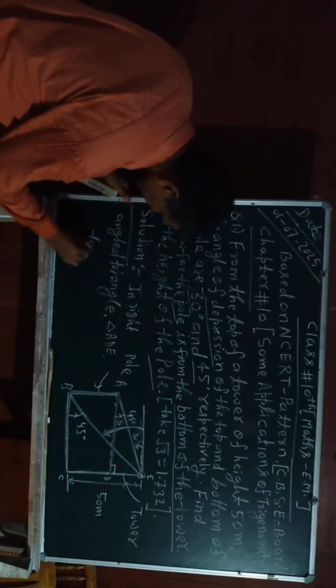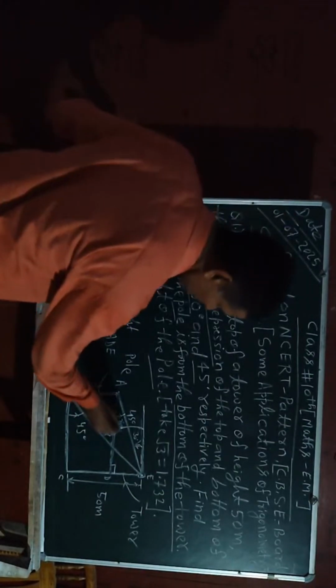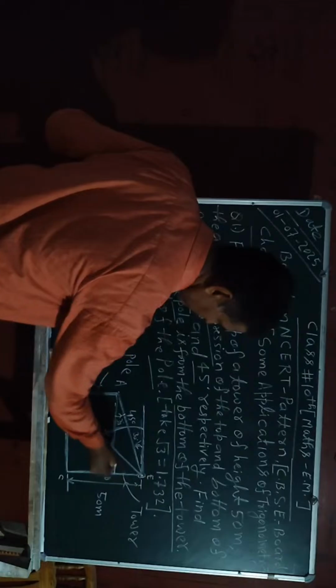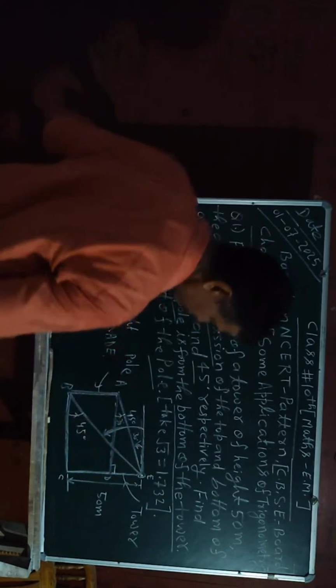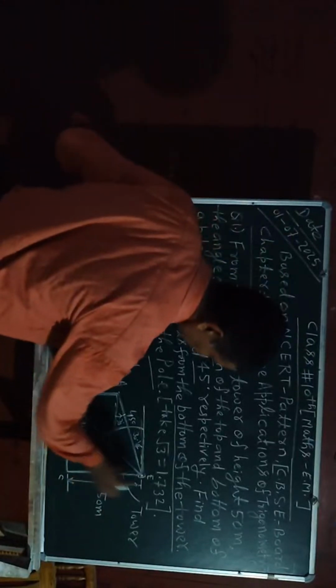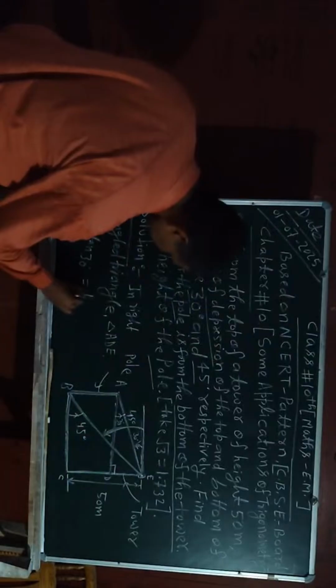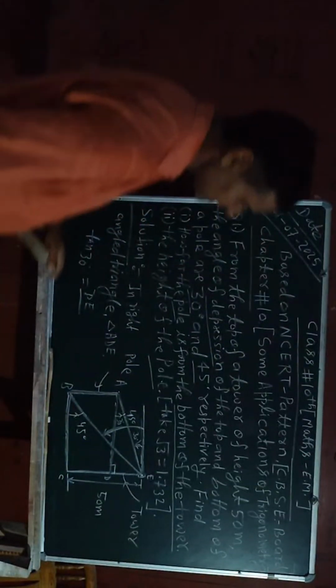In the place of theta, I will consider 30 degree because 30 degree is given. Then opposite this angle I will say perpendicular, opposite the 90 degree I will say hypotenuse, and the remaining side I will say base. So tan theta is equal to perpendicular divided by base. The length of perpendicular is DE, so I will say DE divided by base.